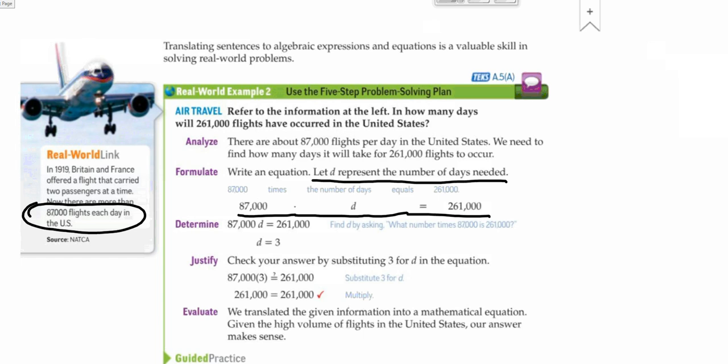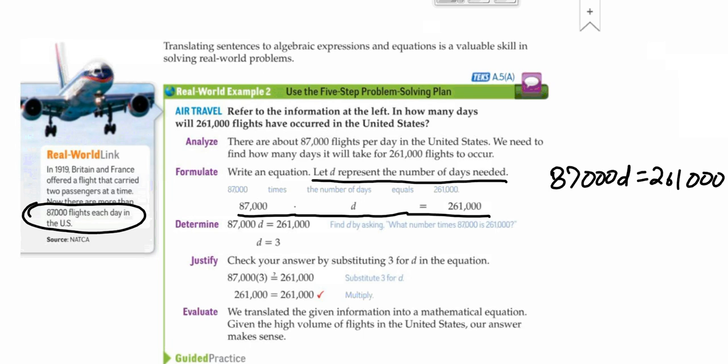To solve this, this is a one-step process, and I'll show that over here on this side. Rewriting that: 87,000 times the number of days, D, equals 261,000. Notice I'm not writing the commas, I don't need to.